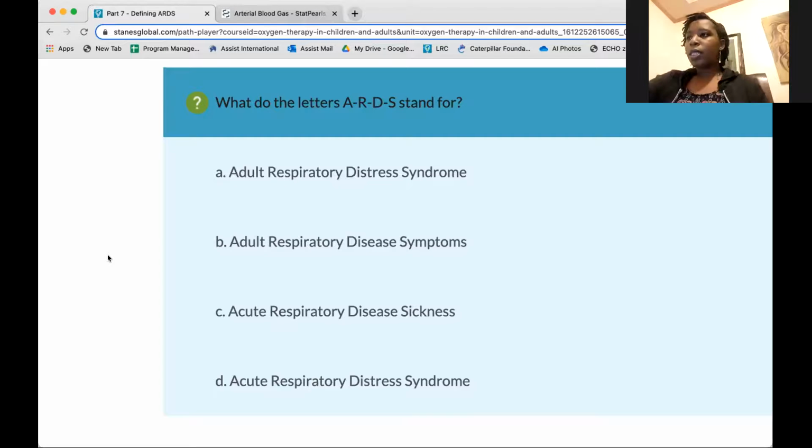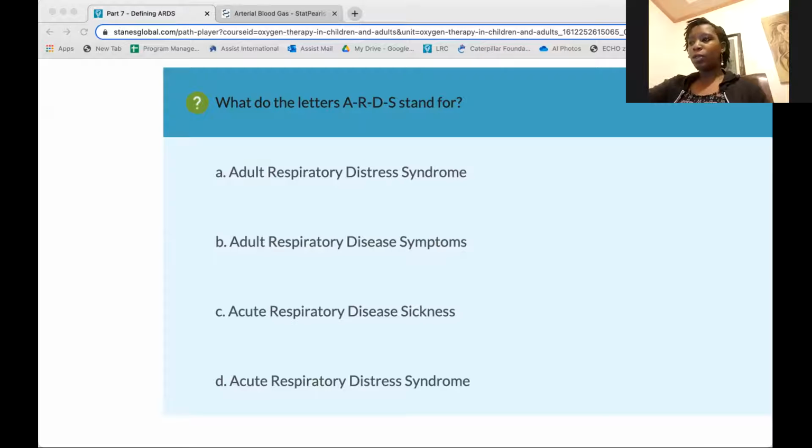Initially, we used to call it adult respiratory distress syndrome, or something like hyaline, I can't remember the other. But now the definition was refined, and even the abbreviation, acute respiratory distress syndrome, already depicts what to expect in the disease.